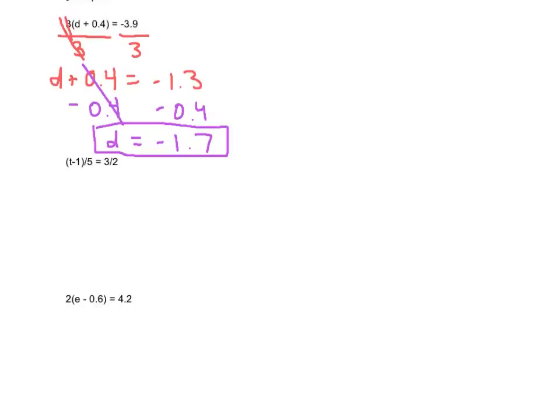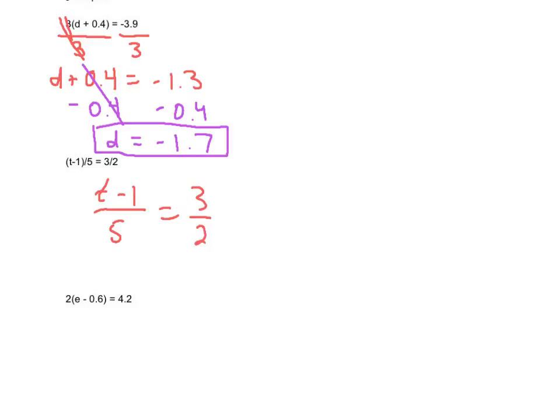This one, the typed up version of it, is maybe trickier to see. You might see it in your textbook written like this instead. All this means is that we've got t minus 1 all being divided by 5.